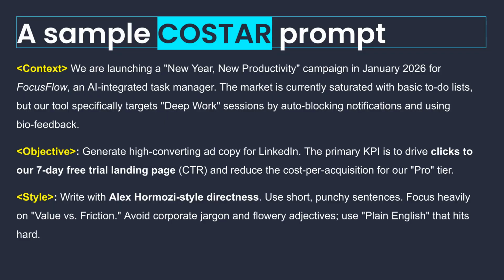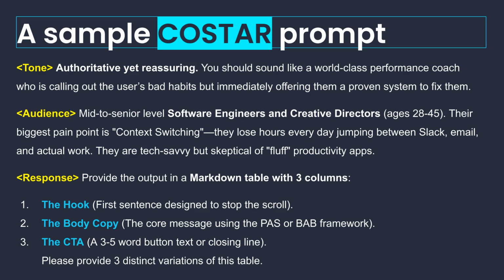It details the campaign context, the specific KPI objective, and the desired writing style, which is Alex Hormozi-style directness, focused on value versus friction. The prompt continues by specifying an authoritative and reassuring tone, and defines the audience as skeptical software engineers facing context-switching pain points. The required response format is a markdown table with 3 columns: hook, body copy, and CTA.